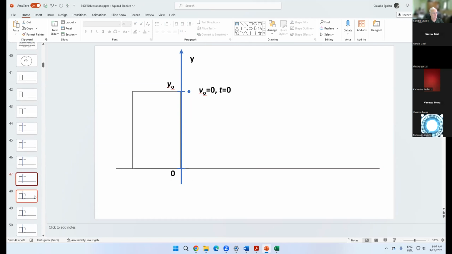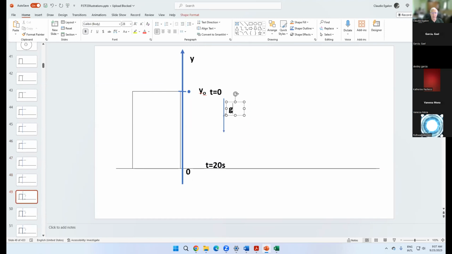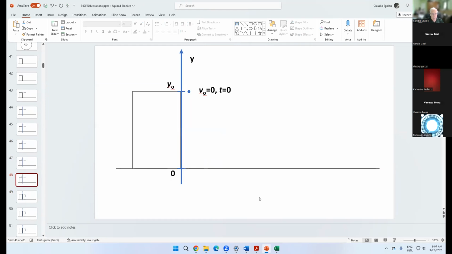What else can we do? Now we have to illustrate the acceleration of the object as well, and that's what I'm doing here. Instead of putting G, I'm going to put A for the acceleration, which by the way is represented by the letter G, and G means 10 meters per second squared.